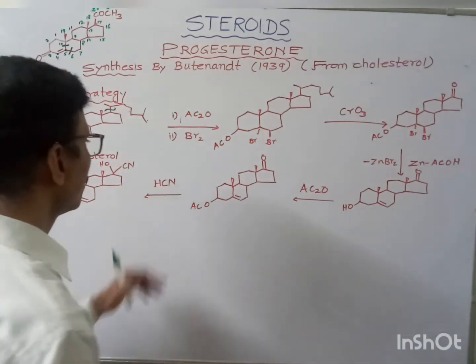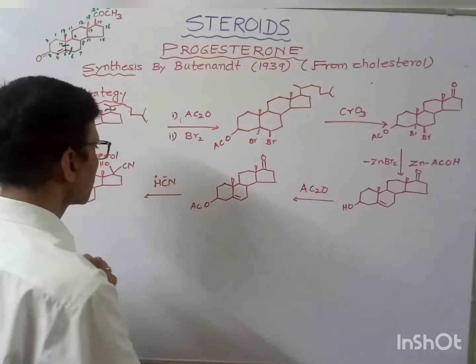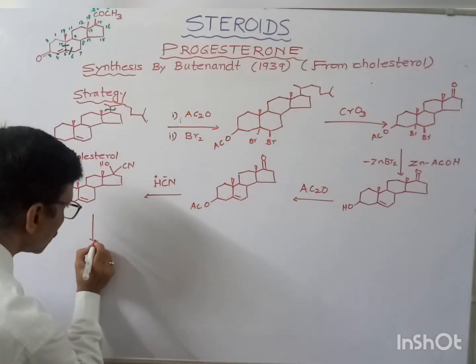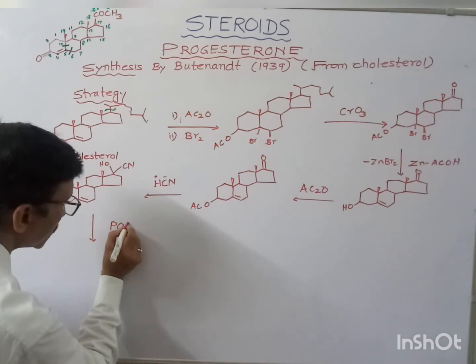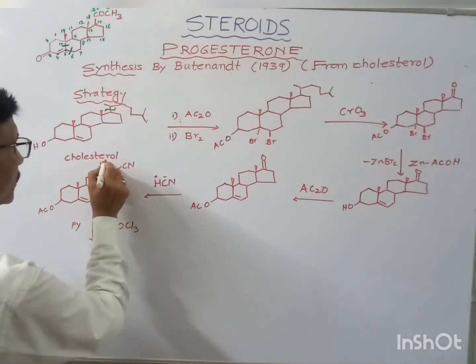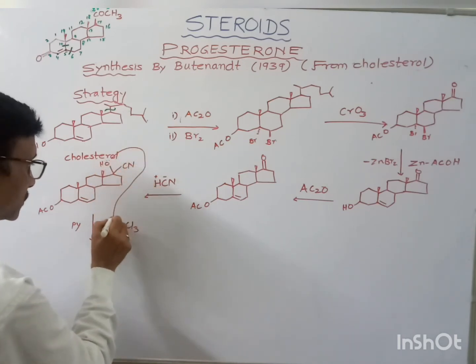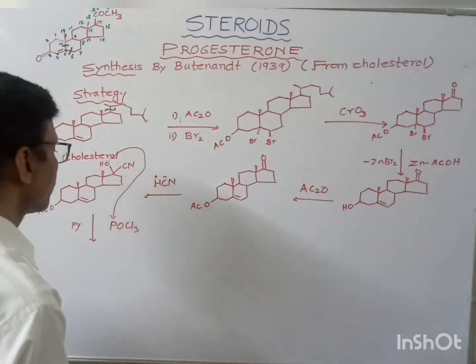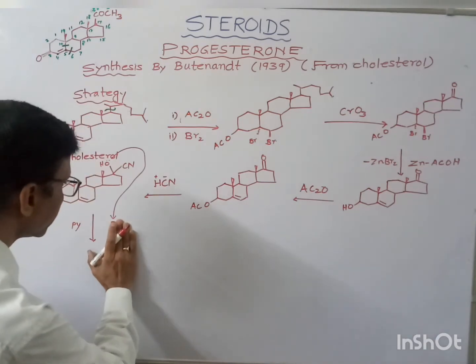Okay, so this nucleophilic addition will occur, and finally it is treated with POCl3 in the presence of pyridine. So this will attack over this one, or we may write it in this way also.